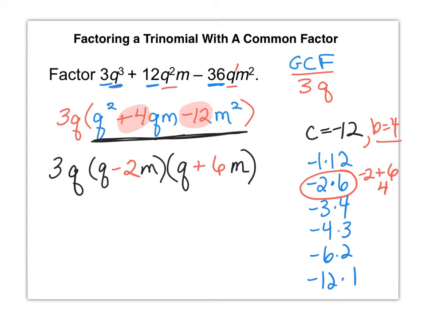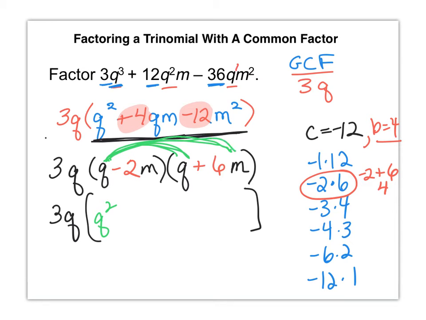Now the way you can check this is by using the FOIL process and then finally distributing the last term. At the end we will distribute the 3q. So let's leave the 3q out in front, and then inside here we're going to do the FOIL process. The first: q times q is q squared.